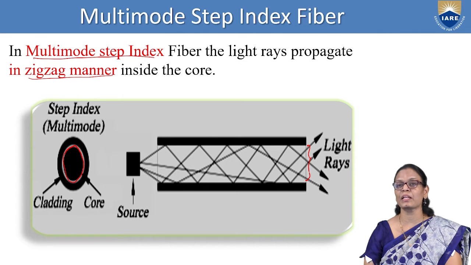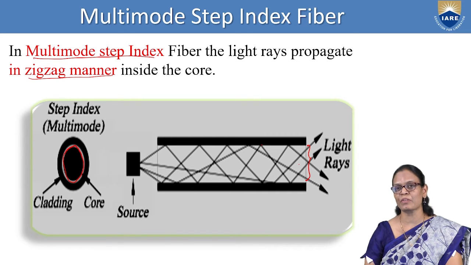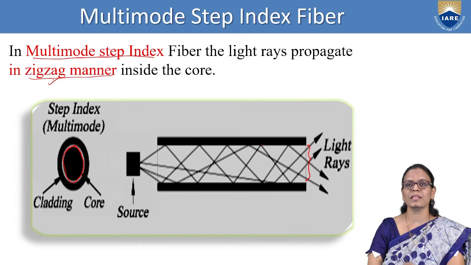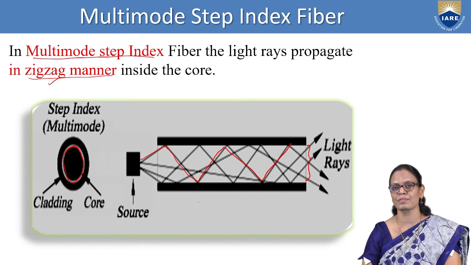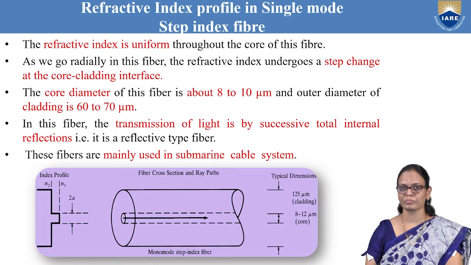Because of the large diameter of the core, there are more paths available for the signal to transmit. And because of a number of paths, the light travels in a zigzag manner. You can see here, there may be overlap, there may be multiple reflections also. So this is how the light travels in a multimode step index fiber.